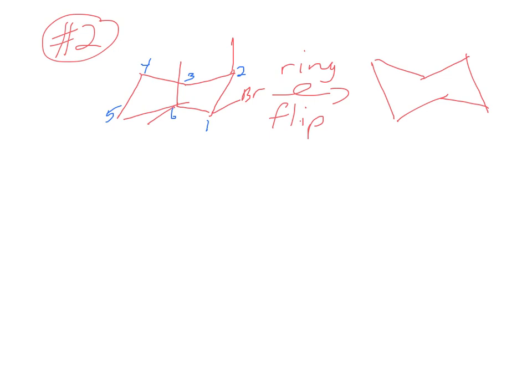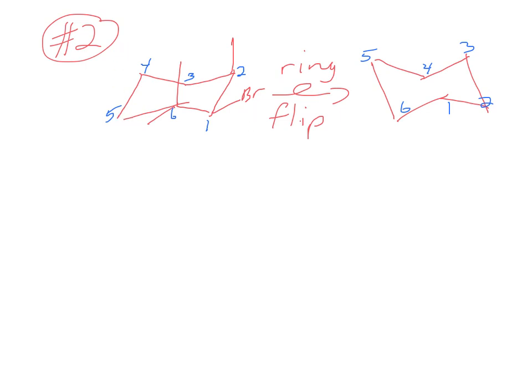So 2 came down, 5 went up. So this is now 2, and this is now 5. So this would be 4, 3, 1, and 6. That's the first step. Pull down 2, bring up 5.